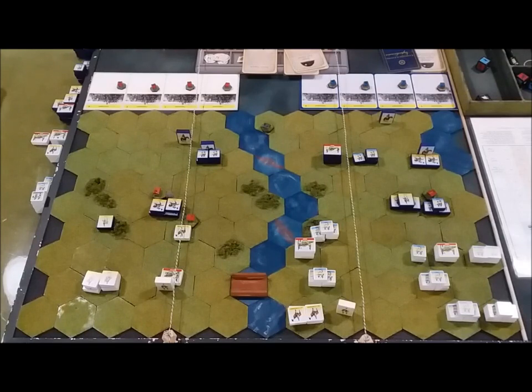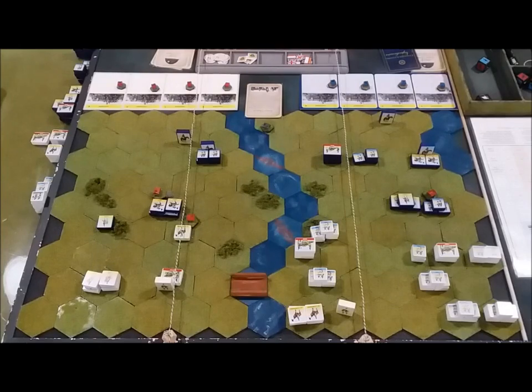One hex. Can start bringing him forward and try and do a little bit of damage. And I think that's what we're going to have to do, start bringing some pressure on over here. So forced march it is for the Austrians.